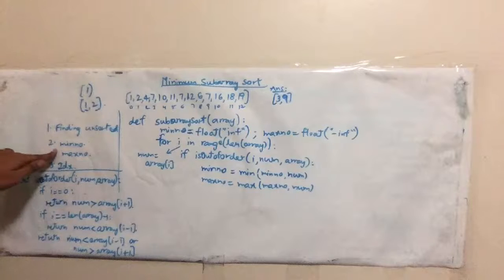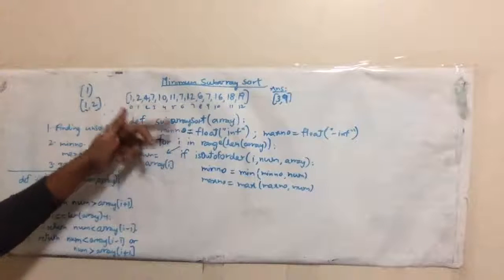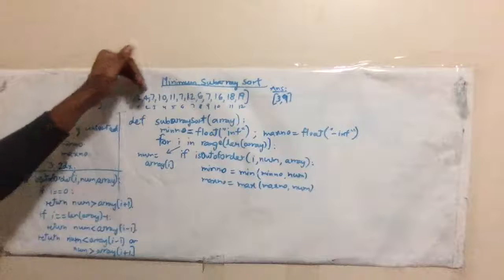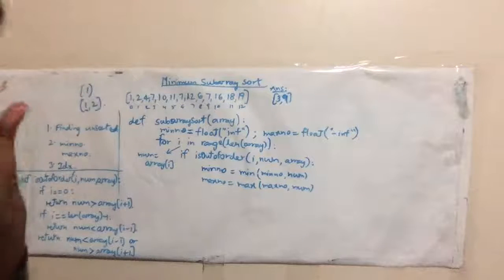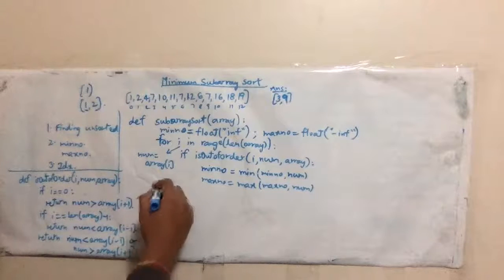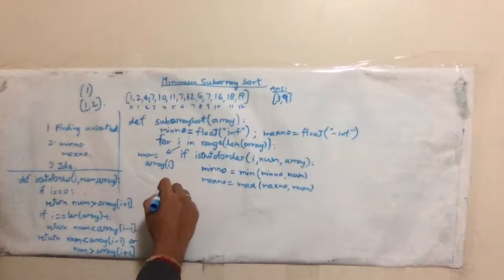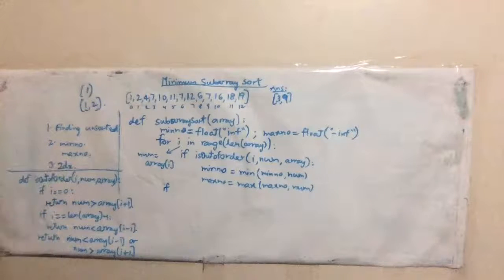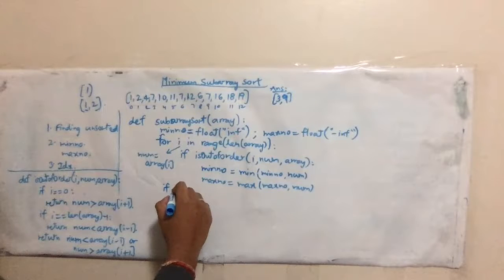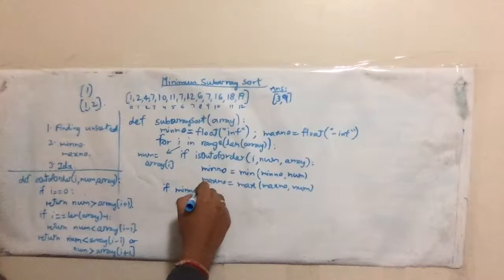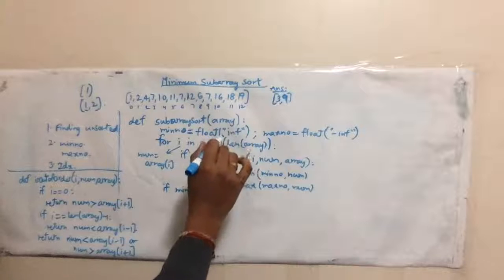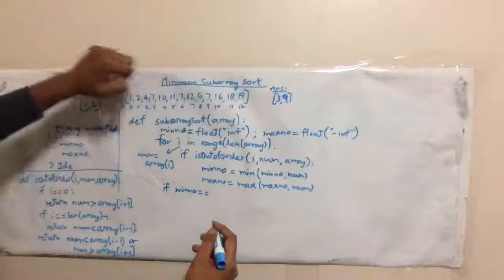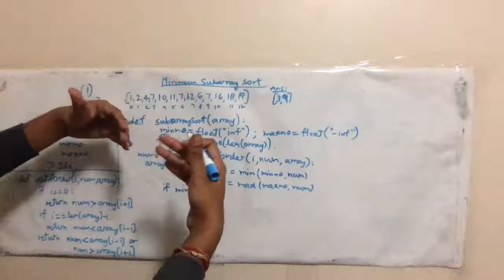So this part is completed. For this for loop, it will calculate the minimum number and max number out of this whole given input list. So if the minimum number is not changed, if the minimum number is equal to positive infinity, it has not changed, because if it is already a completely sorted array, it won't change.